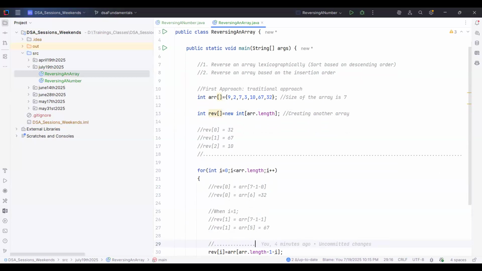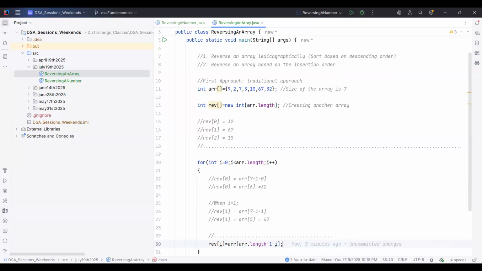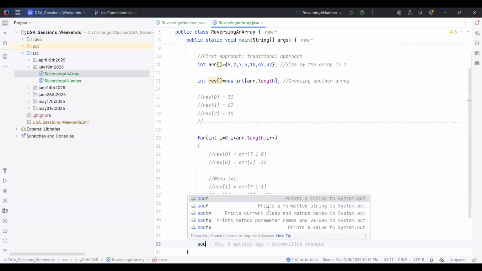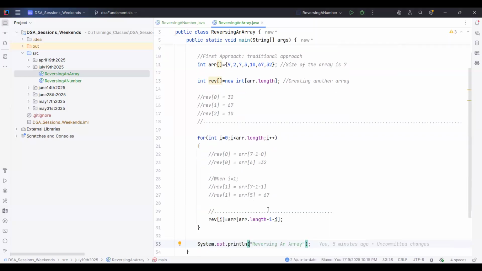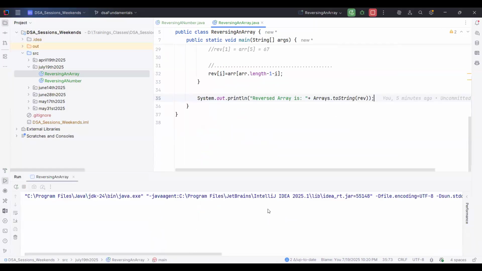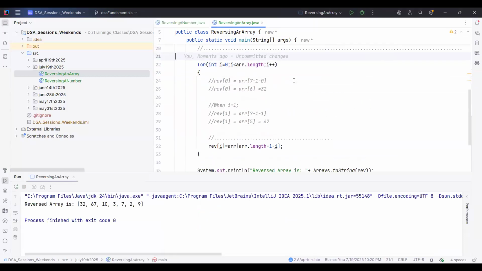And this goes on for the remaining iterations. I will say reversed array is, clear. Is this clear, everyone? Are we able to reverse an array?